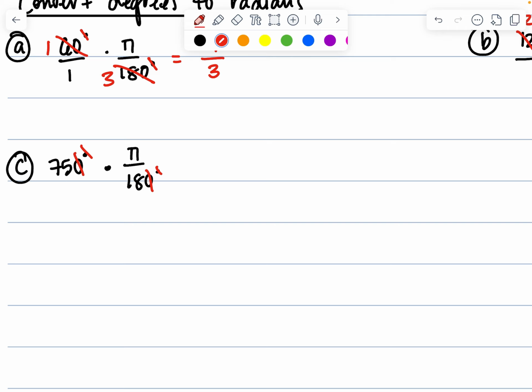It is for sure 3 at the very least. So let's see. 75 divided by 3 is 25. 18 divided by 3 is 6. Nothing else goes into 25 or 6, so we're on the right track. 25 times pi is 25 pi. There's nothing else in the denominator, so it's just 6 radians.